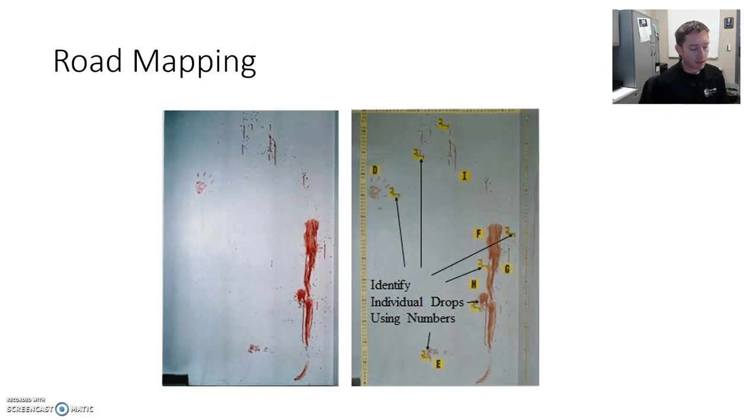So again, the idea here is to get in tight and get in close, so a lot of your photography is going to be at that macro level. Now, we have a couple different ways of doing identification. Here we actually have the ID photo marker book, and you can see inside are letters and numbers and then arrows.